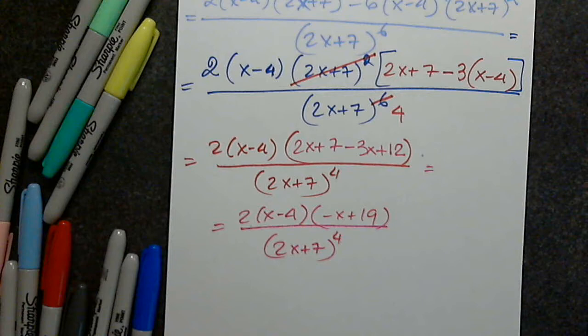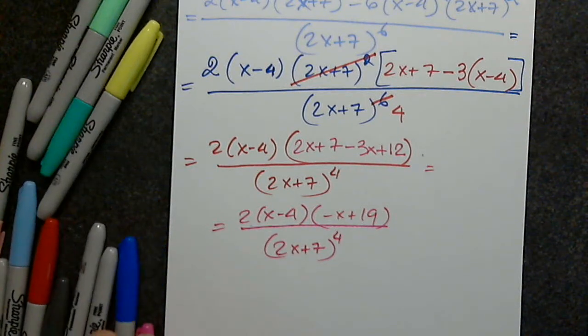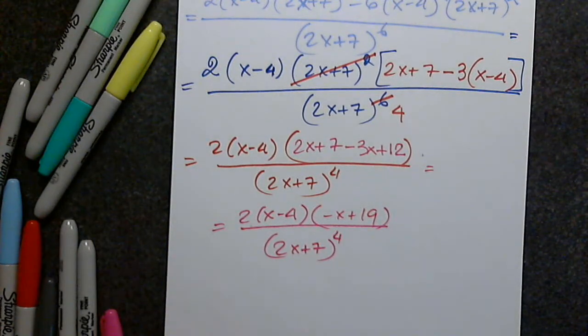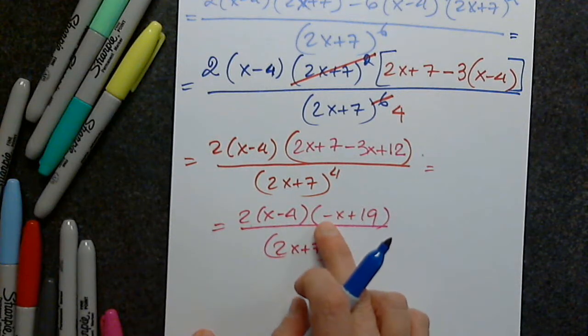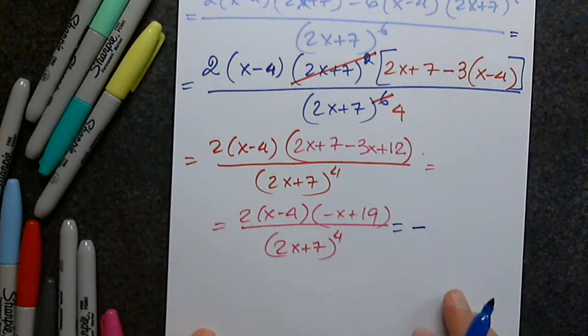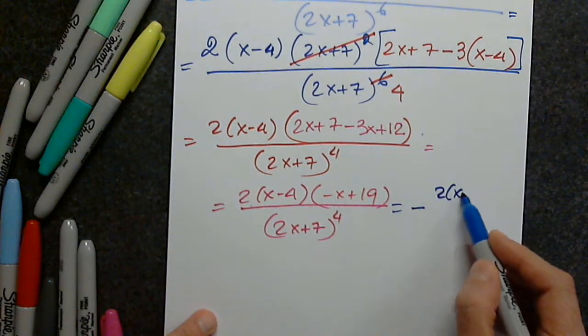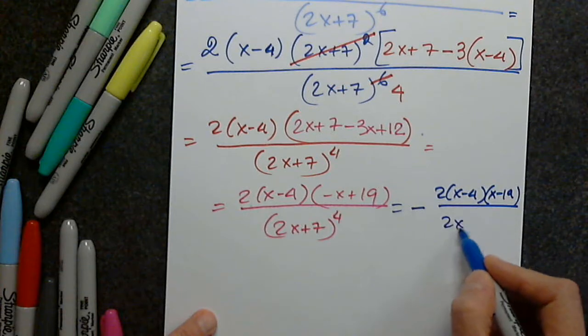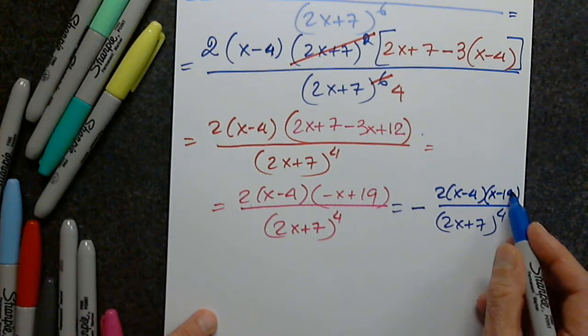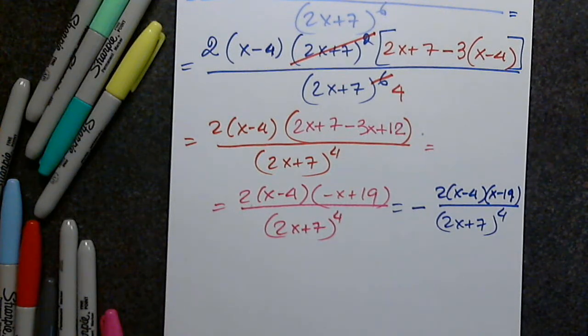So now what I recommend at this stage, and we will do this in a minute with all the factoring, I recommend pulling out negative 1 because it's a negative leading coefficient. So you can put it in front as 2x minus 4, x minus 19 divided by 2x plus 7 to the 4th power. Would it be wrong if we didn't do that though? No, it's not wrong, but you will see what happens in the next section with factoring.